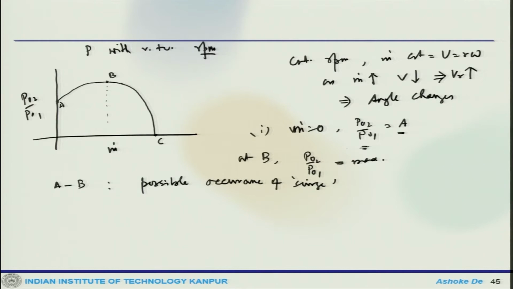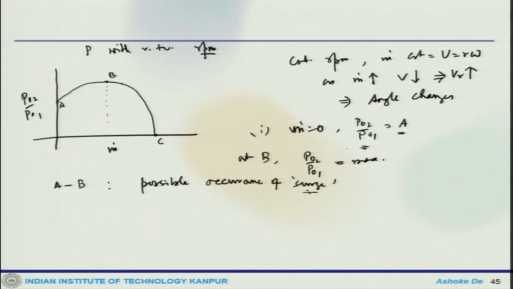Okay, this is another new term, and we are going to talk about this because these are all connected with the characteristics of the compressor. So, as I said, most of the situations between A and B, this curve may not be obtained because of the possible occurrence of surge or surging.